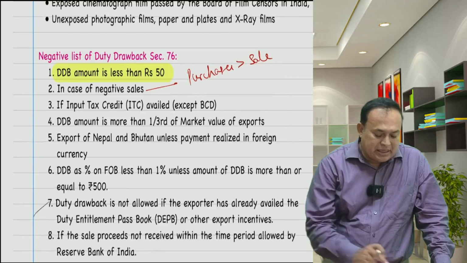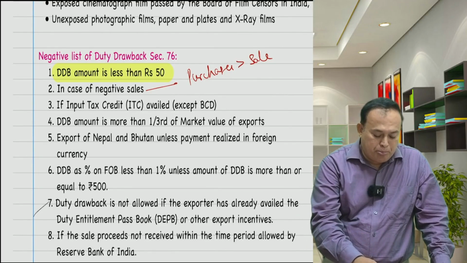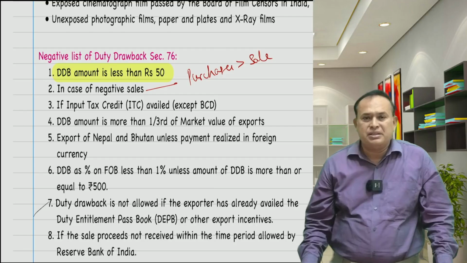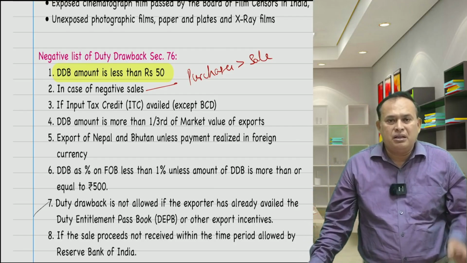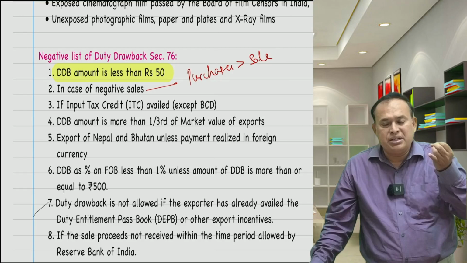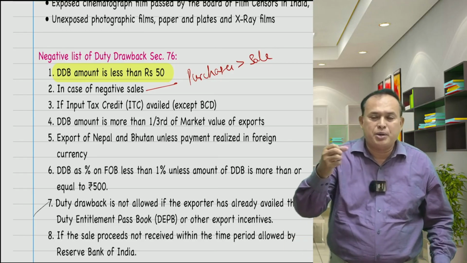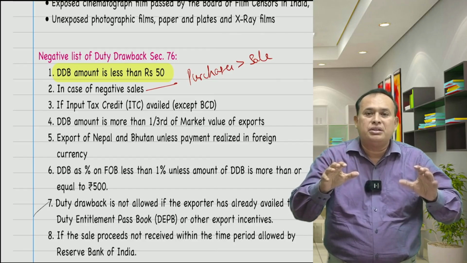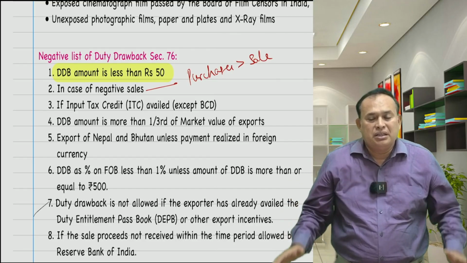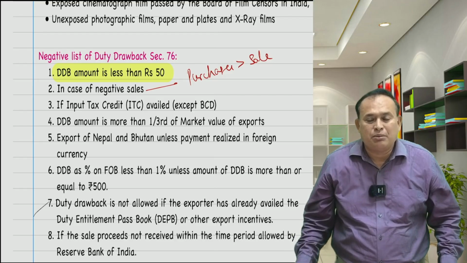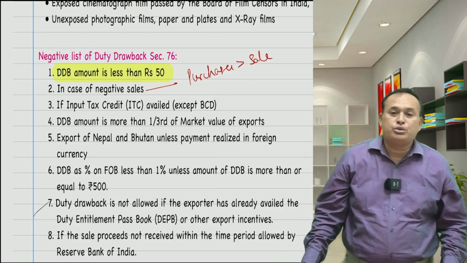With this, I can say that duty drawback is completed for your batch, my dear friends. I will take up further baggage duty, duty and baggage. Then I will take up foreign trade policy to conclude the journey on your indirect tax laws for the coming exam of May 2024 or June 2024.